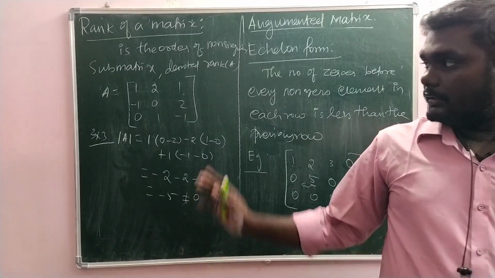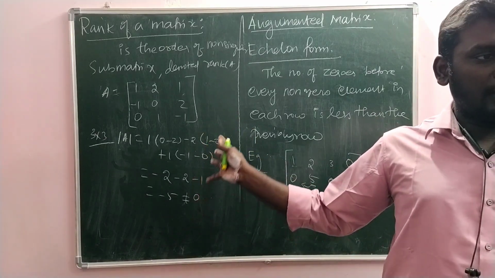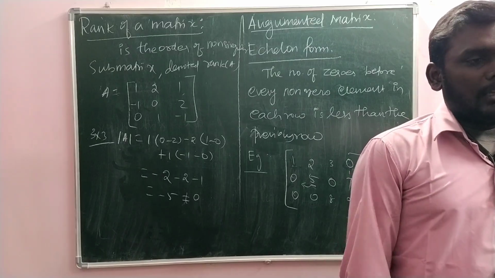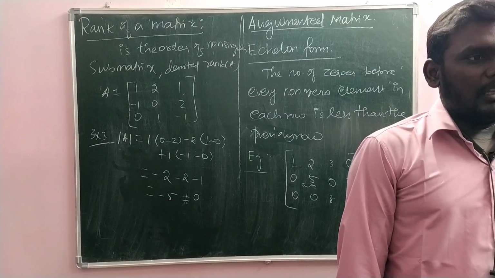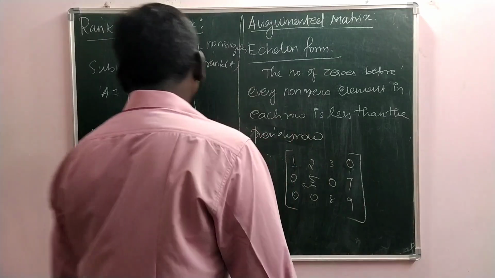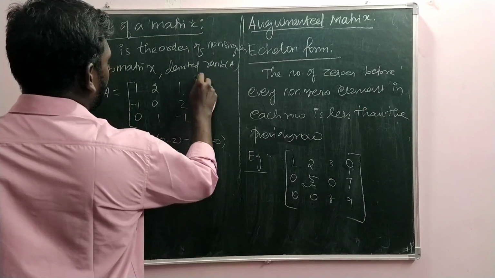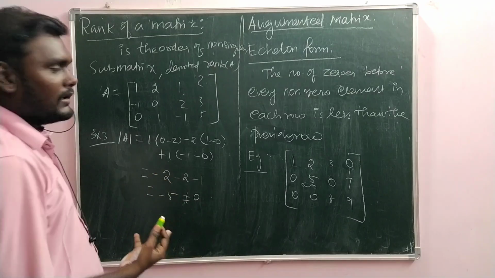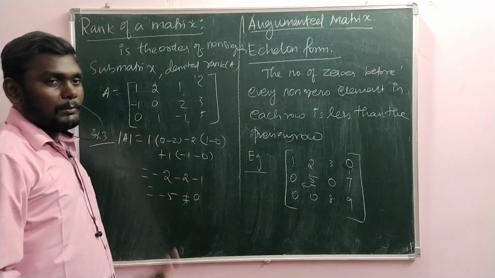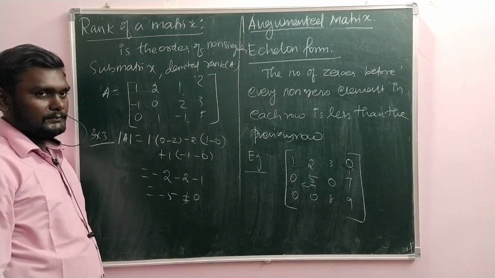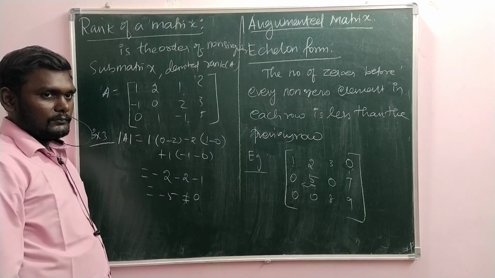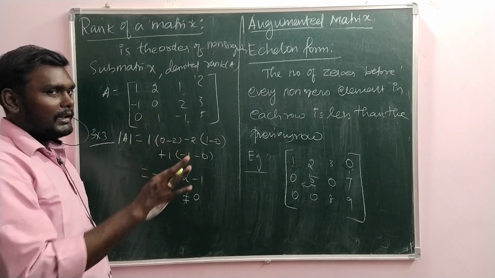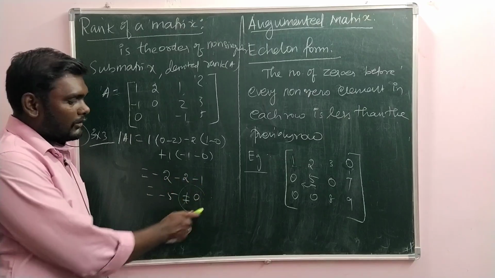Okay, this is for square matrices; we are checking square submatrices. Suppose it is not a square matrix, then what will it be? Suppose another row is there, like 2, 3, 5. So in this method, how will we check? We should write all the possible 3 by 3 submatrices. Suppose some 3 by 3 submatrix comes out not equal to 0, for example.